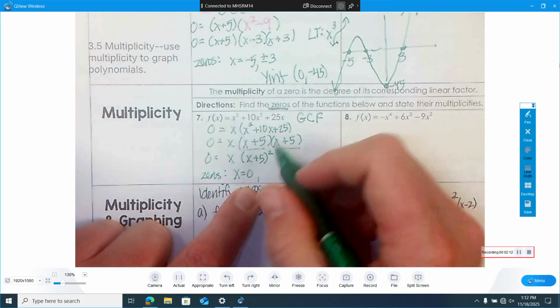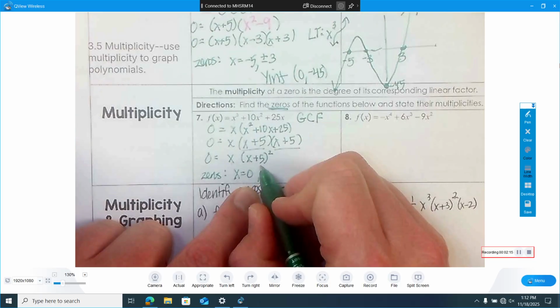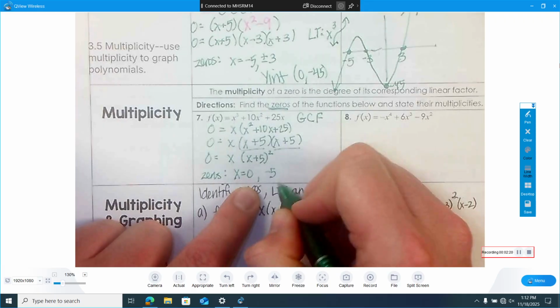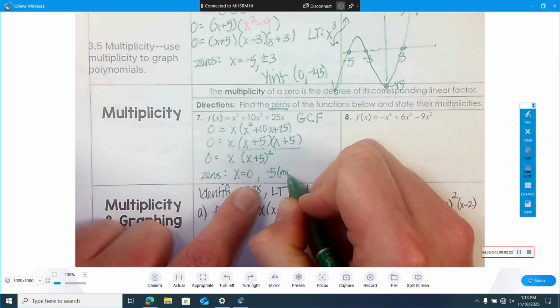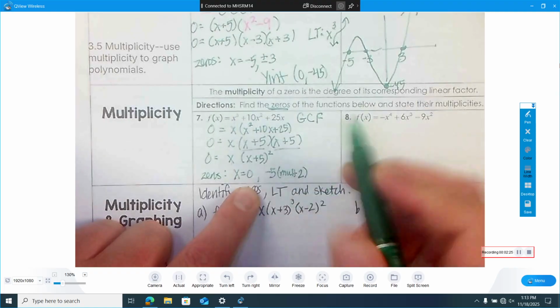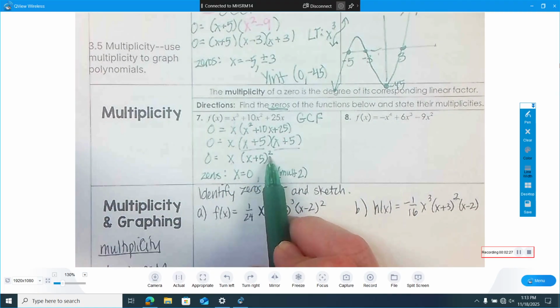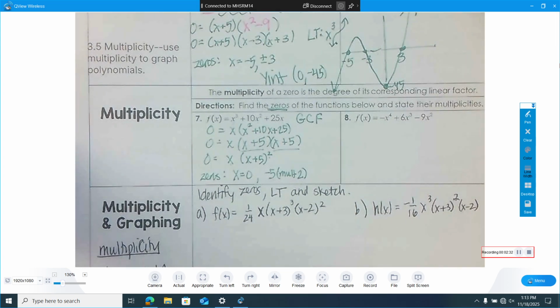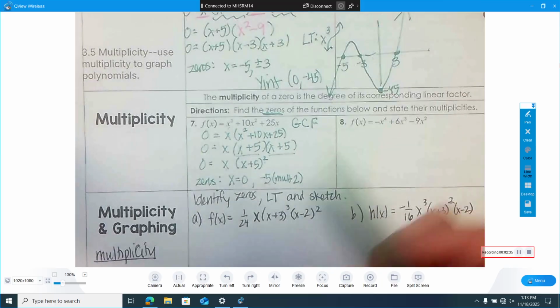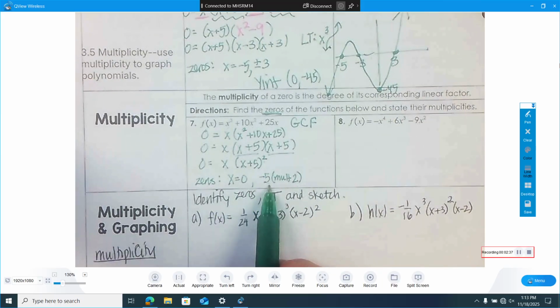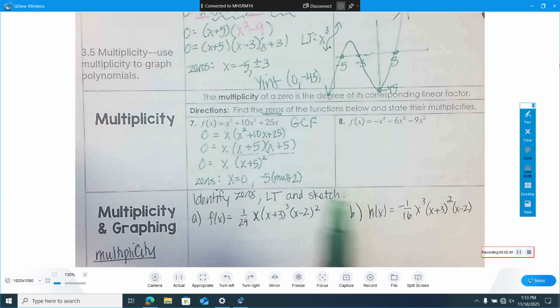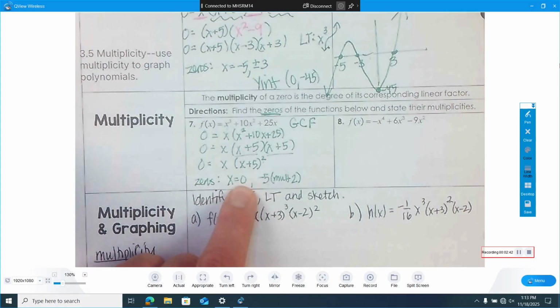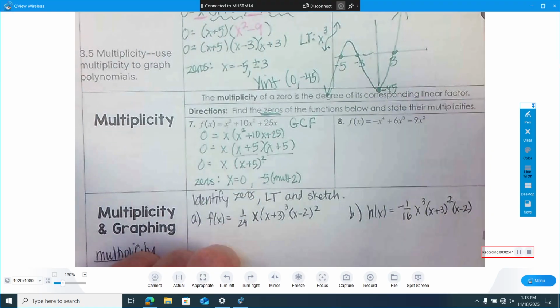And over here we get x equals -5. And what we say is it's -5 multiplicity 2. Multiplicity 2 because it's happening 2 times. And what that does is it does something very interesting to the graph, which I'll talk about in just a minute. And so our zeros are 0 and -5 with a multiplicity of 2. 0, how many times is 0 happening? Just the once, okay? It didn't repeat itself, so that's fine.